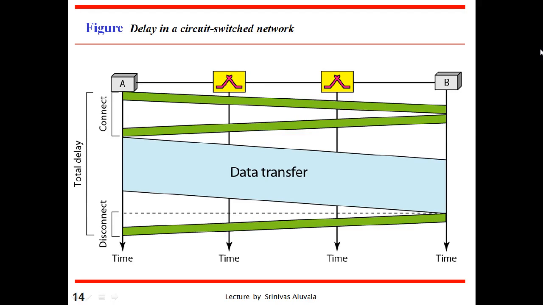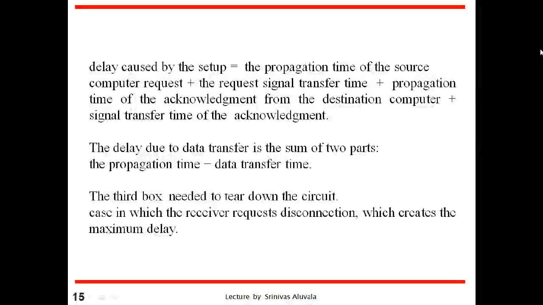Looking at the picture, we can understand the delay in a circuit switched network, as the delay is a part of making the connection, data transfer, and making the disconnection between the two end systems. That is how we calculate the total delay. The delay caused by the setup equals the propagation time of the source computer's request plus the request signal transfer time, plus the propagation time of the acknowledgement from the destination computer plus the signal transfer time of the acknowledgement.